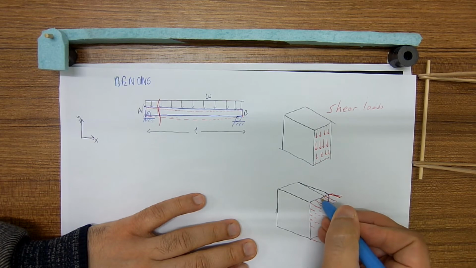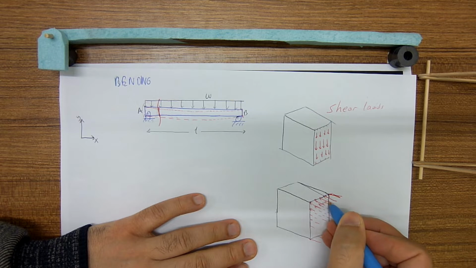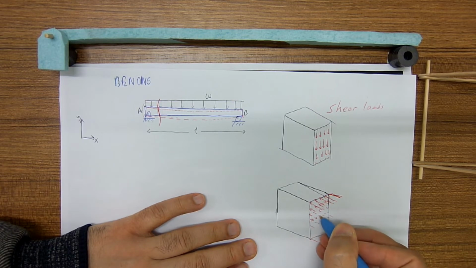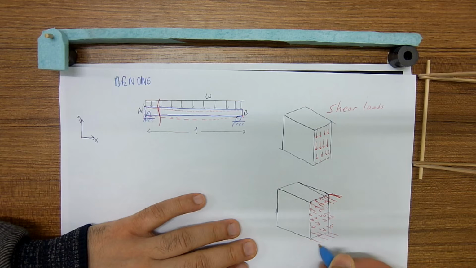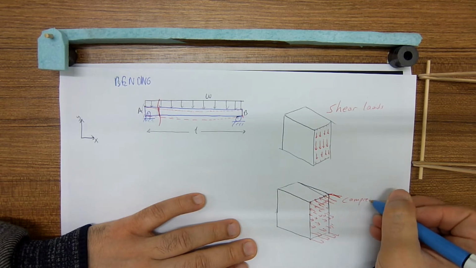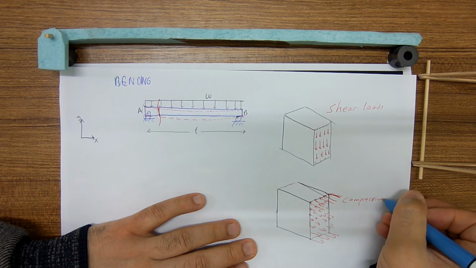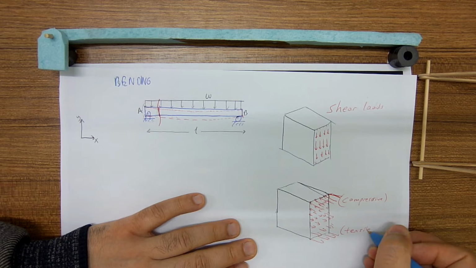Here there will be compression, and at the bottom half there will be tensile. Compressive normal loads and tensile normal loads.